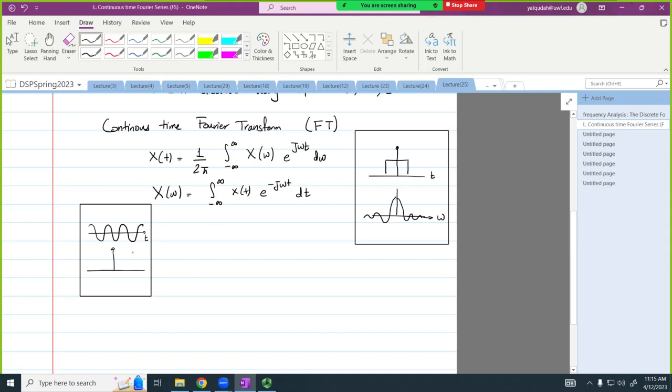Two spikes. Yes, excellent. Two impulses at omega 0 and negative omega 0, with magnitude of a pi. And this is if we have cosine of omega 0 multiplied by t.